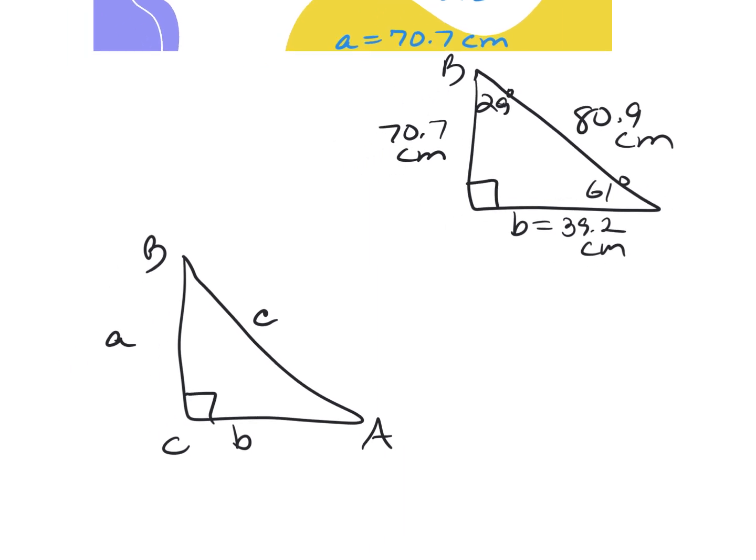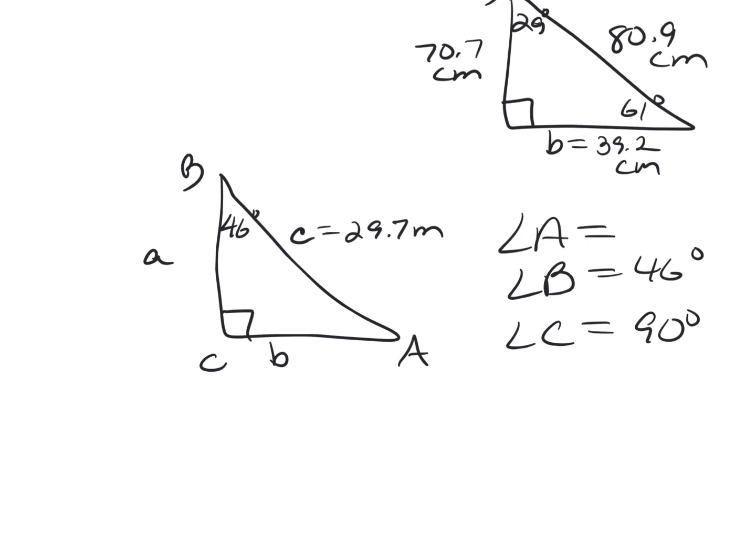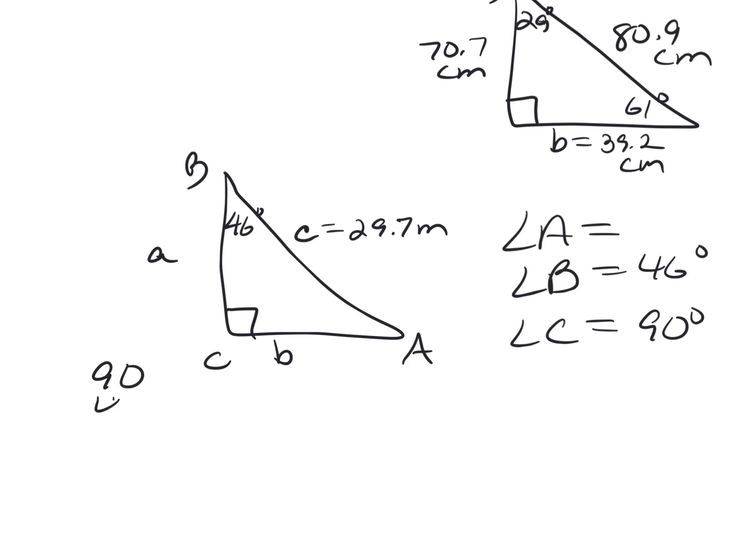So in number 4, they gave me angle B, which is 46, and they gave me side length c, which is 29.7 meters. So angle C is 90, B is 46. To find A, 90 minus 46, and it's 44.